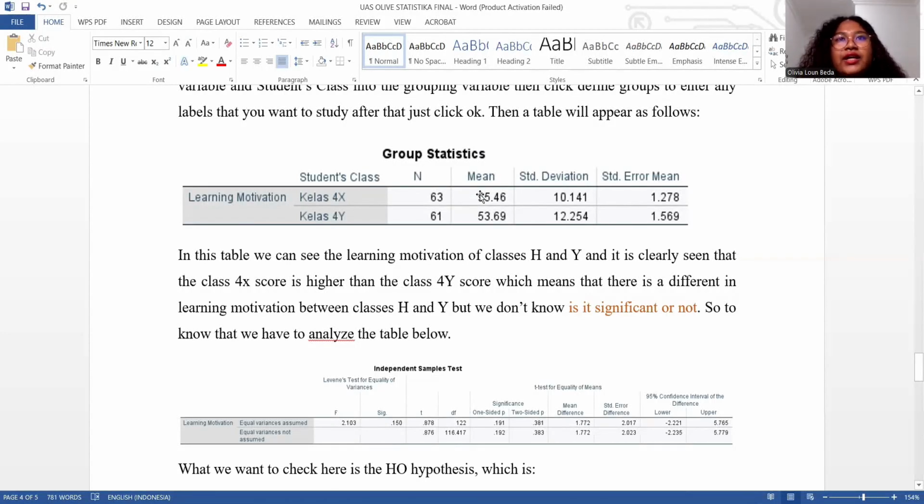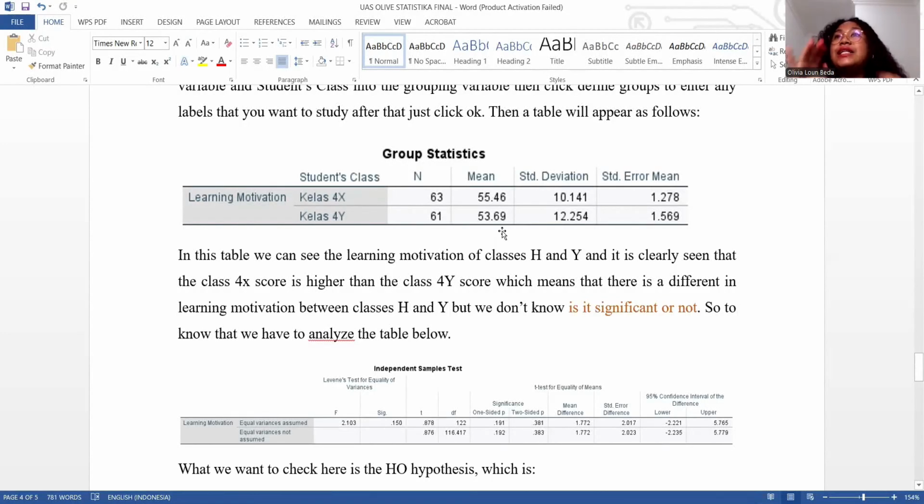As you can see here, you can see the mean between class X and Y. The mean of class X is 55.4946, and for class Y it is 53.69. So there is a difference between the means of these two classes.